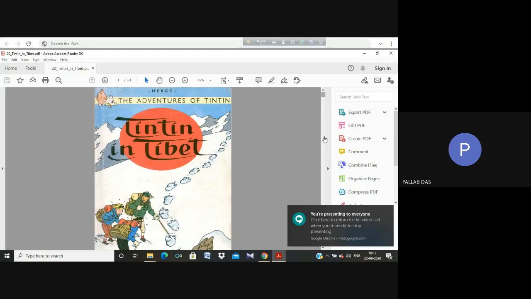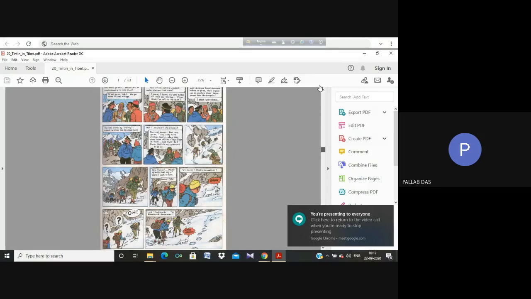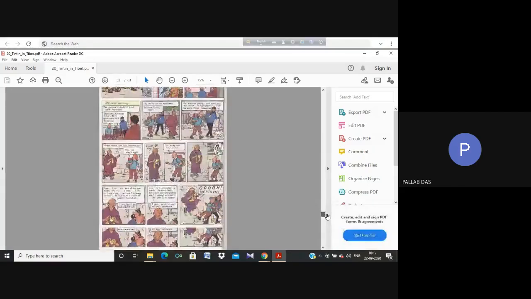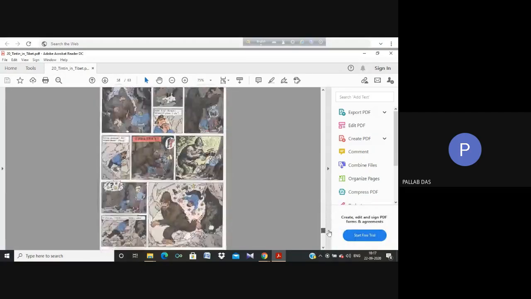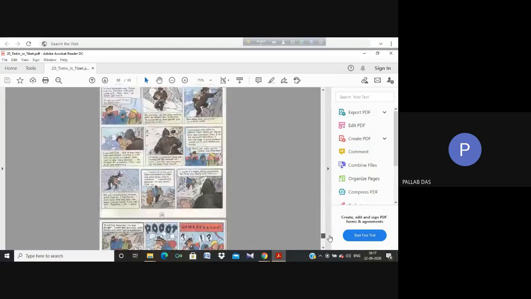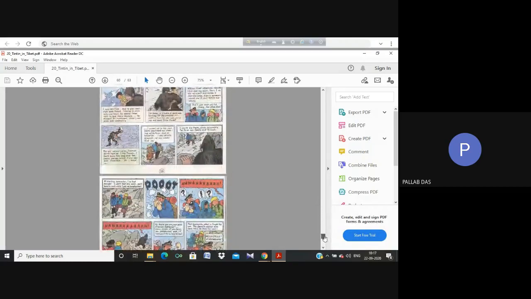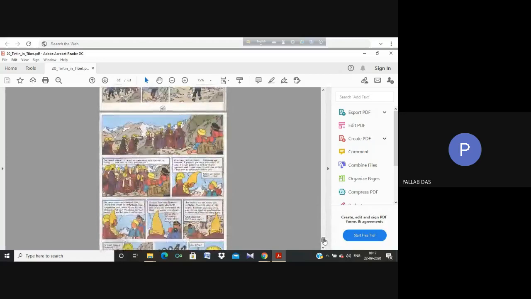And that's why it is very symbolic that at the end you can see he is given a title, when the monastery people, the lamas, find Tintin saving his friend. Look, greetings, O great heart. So now he is said to be O great heart.